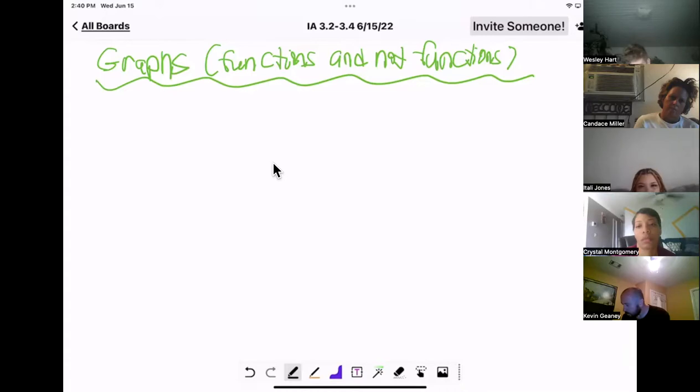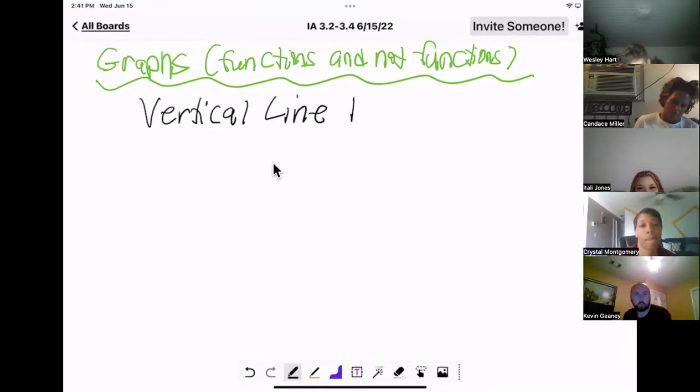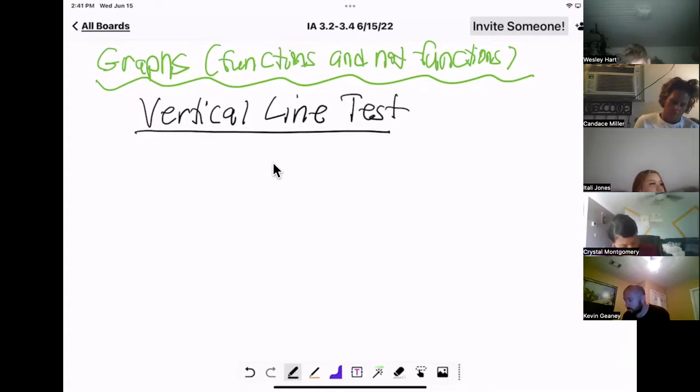Vertical line test. Okay, there's one thing to tell when you have a function or not in a graph. It's called a vertical line test. You take a graph and you draw a vertical line. I'm going to tell you what it means.